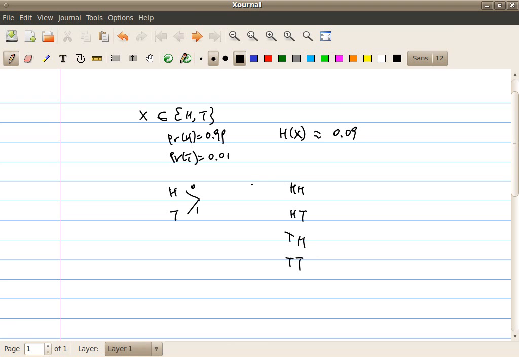HH will be approximately 0.98, I guess, and HT will be something like 0.01, and TH the probability about 0.01 also. TT is about 0.0001.